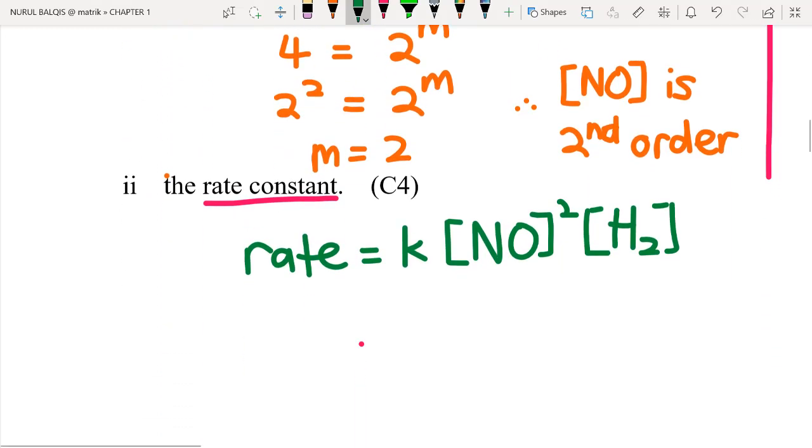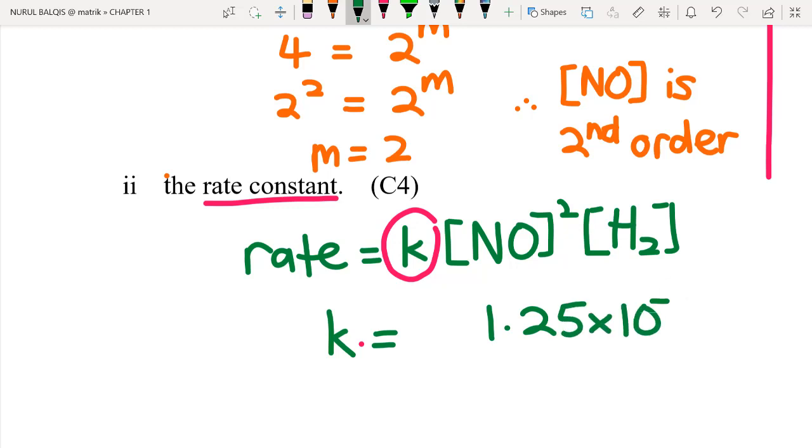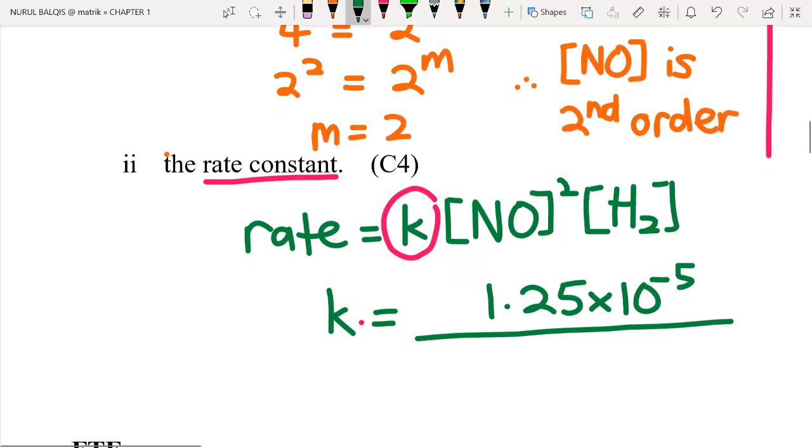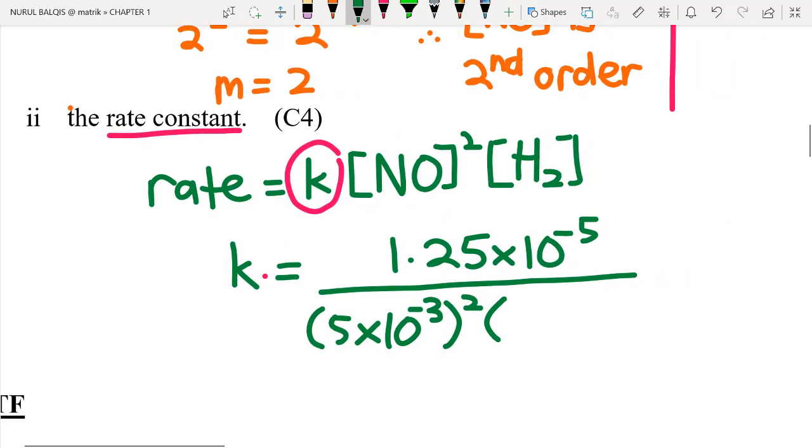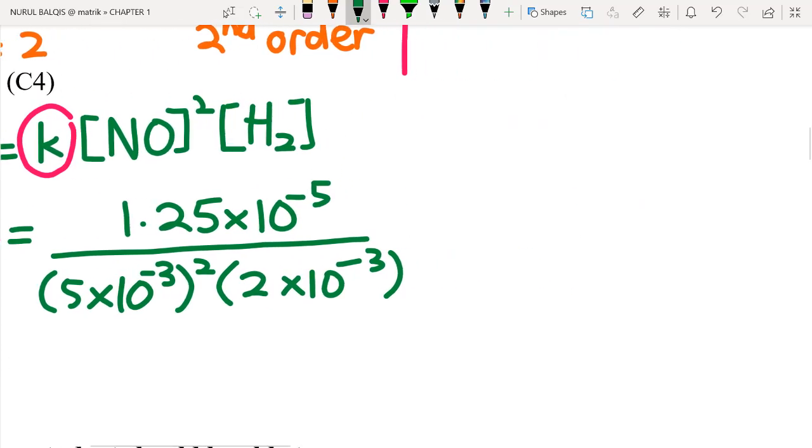So if we rearrange this, we want to find k, then we're gonna get k is equal to our rate, 1.25 10 to the power of -5, divided by our concentrations of NO, which is 5 10 to the power of -3, raised to the power of 2, times our H2, which is 2 10 to the power of -3.